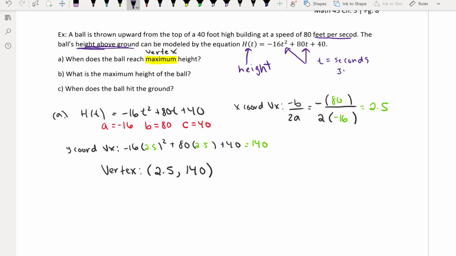So this is my input, and that height is my output. So the input is here for t seconds, and my output is my h, which is my height.